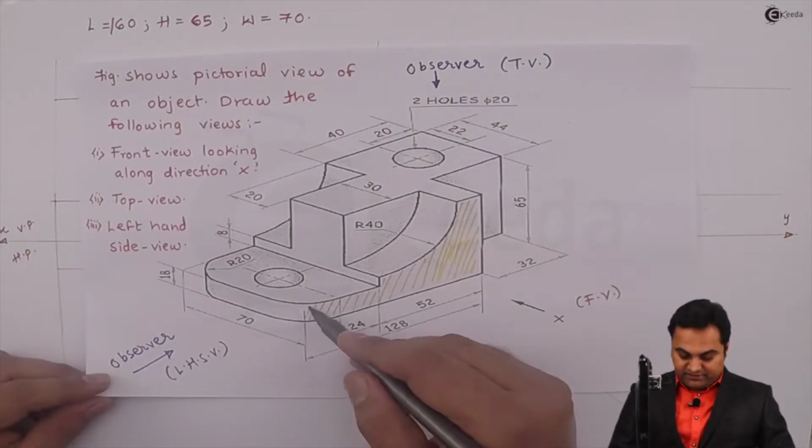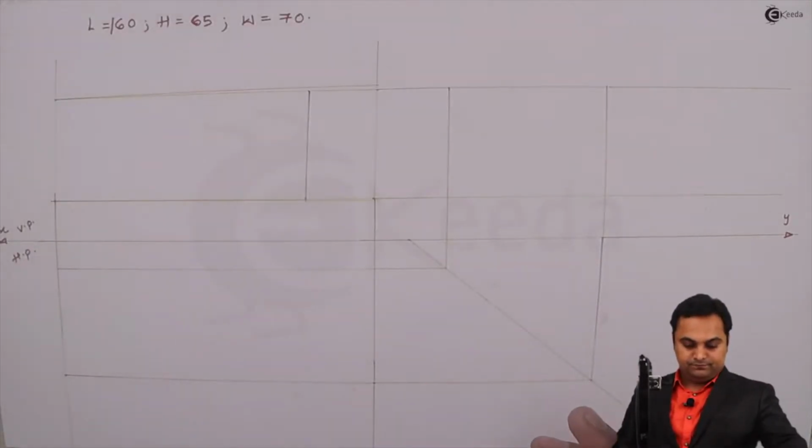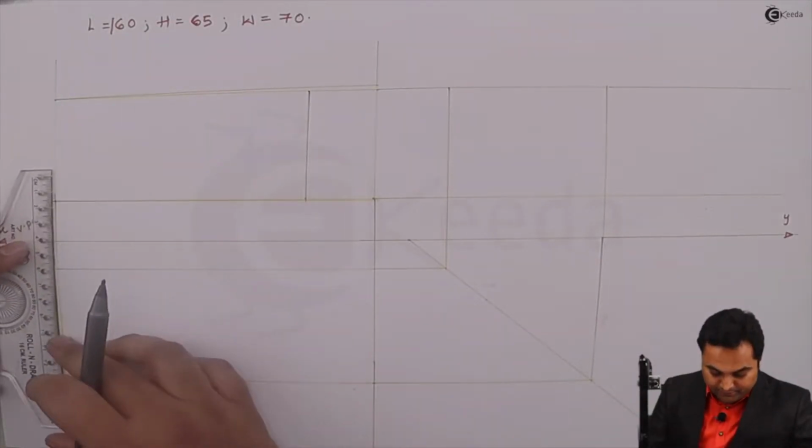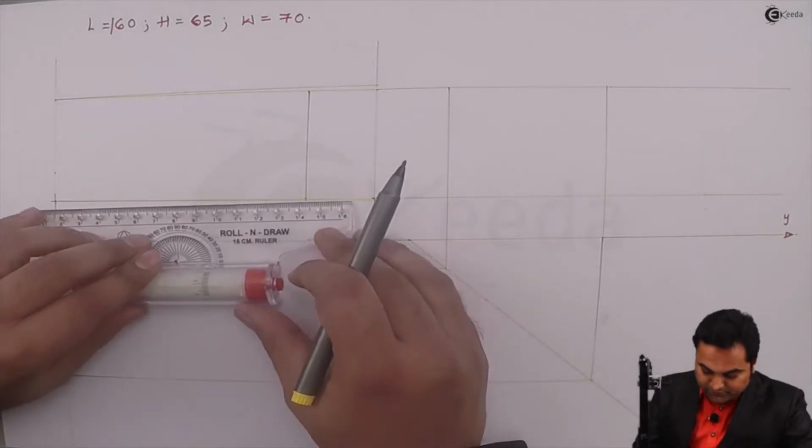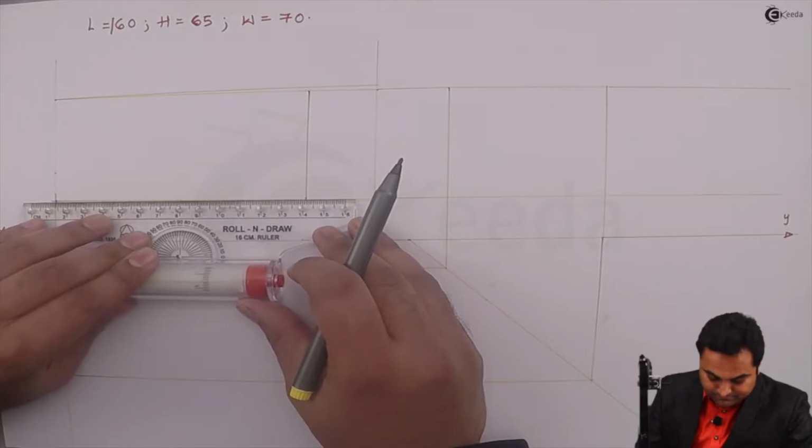From this left hand side, this height is 18 mm. So measuring 18 mm and projecting it with the help of a light line.